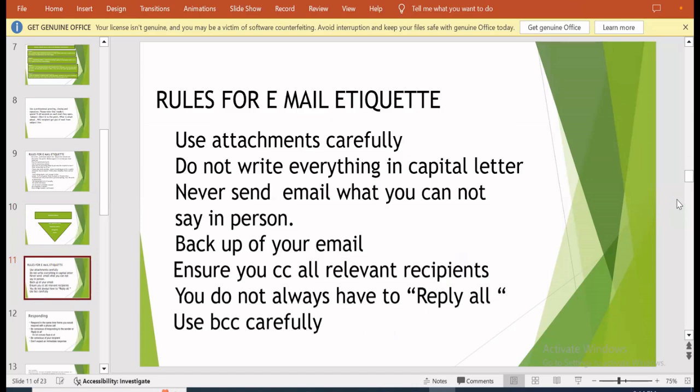So rules for email etiquette: use your attachment carefully. Never send an email that you cannot say in person. Why is it important? Suppose I am giving an example. You are working in an organization. The whole day you are discussing with your senior, and whatever increment you have got, you are unhappy, you are not interested.